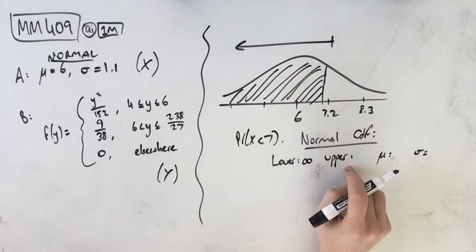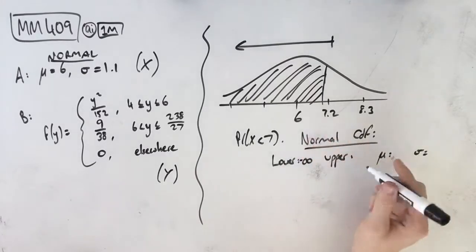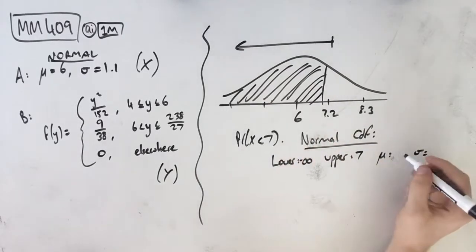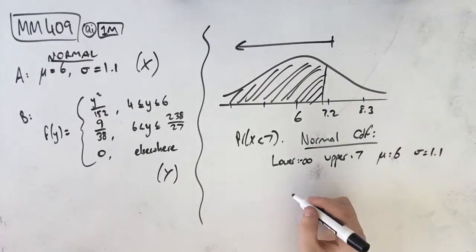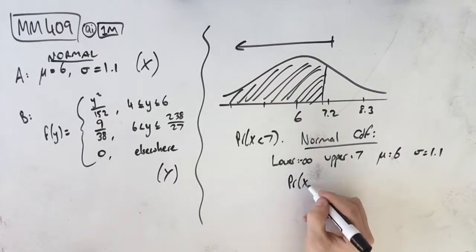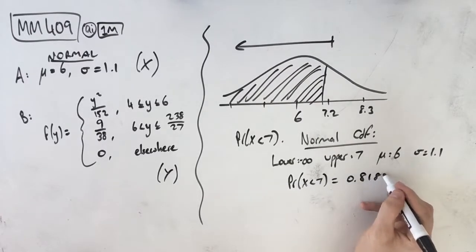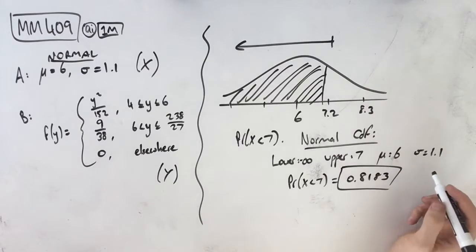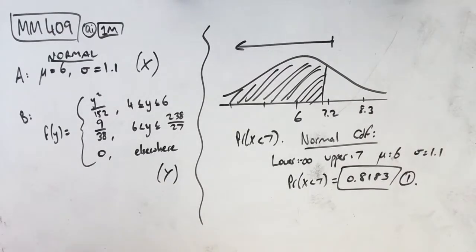Our upper is 7, because we're looking for everything less than 7. Mean is 6, and standard deviation is 1.1. What this spits out is the probability that X is less than 7 equals 0.8183. And that's our first and final answer for part A(i). That's our first and final mark as well. And that's it. So let's move on to part A(ii).